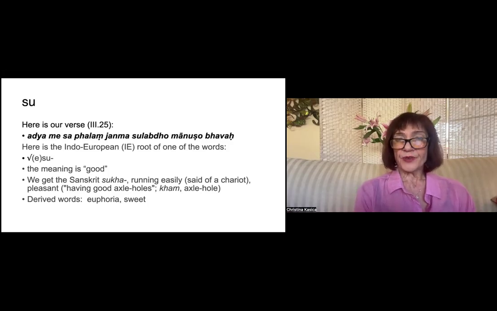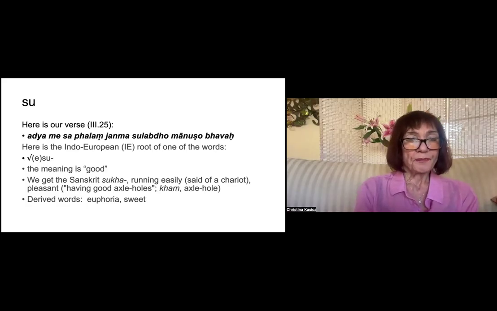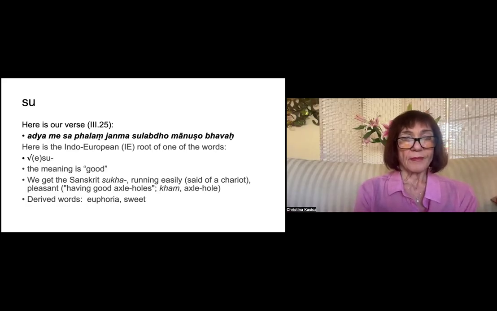Okay, here's our verse again. Now, I want you to look for an Indo-European root in this verse that is called su. Can anyone find that in this verse? Is it the sa?